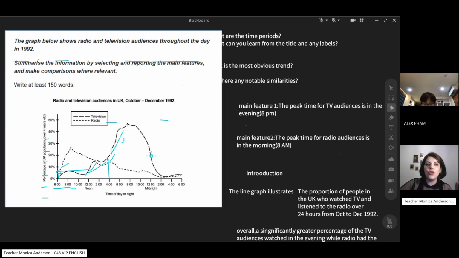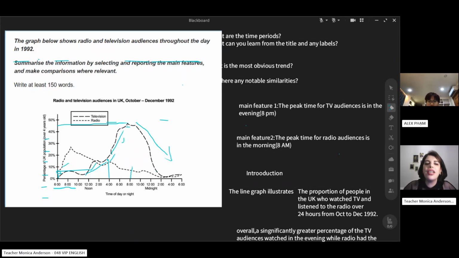Yeah, it goes to the peak. So we can say that at 4 p.m., this figure increased rapidly, reaching a peak of almost half the population. As you can see, it's about 50%. So we can say half the population at 8 p.m. After this, what happened? Yes, it falls.